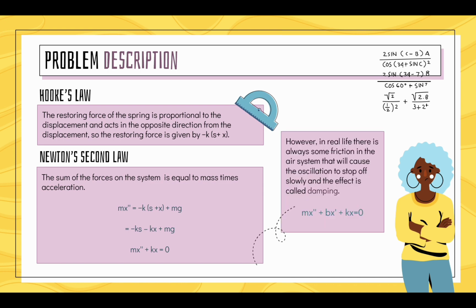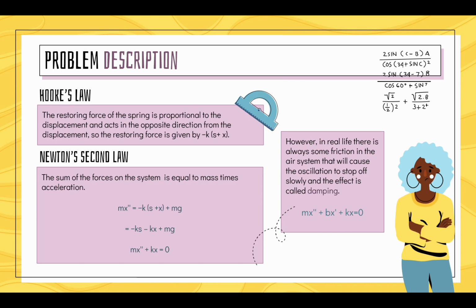However, in real life, there is always some friction in the air system that will cause the oscillation to die off slowly, and the effect is called damping. Because damping is primarily a friction force, an assumption can be made that the friction force is proportional to the velocity of the mass and moves in the opposite direction.